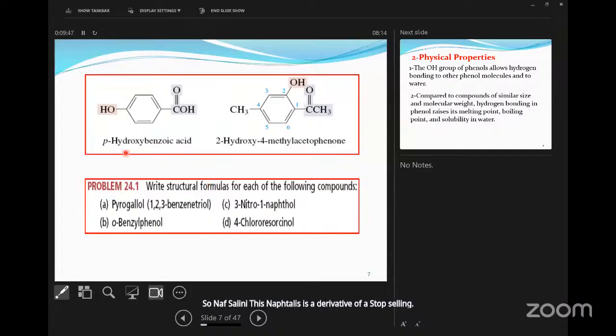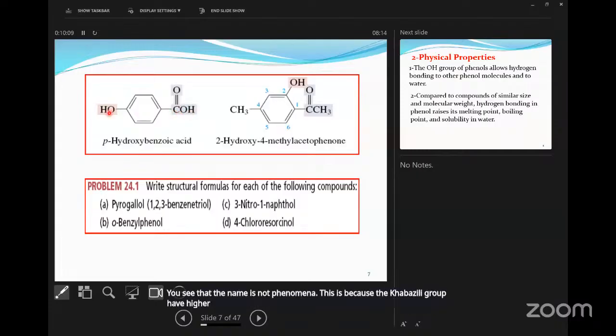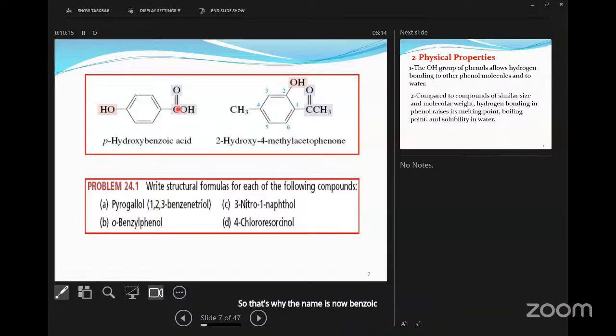And this is p-hydroxybenzoic acid. So now you see that the name is not phenol again. This is because the carboxylic group has higher priority and preference than OH. So that's why the name is now benzoic acid, because the carboxyl group has more preference.